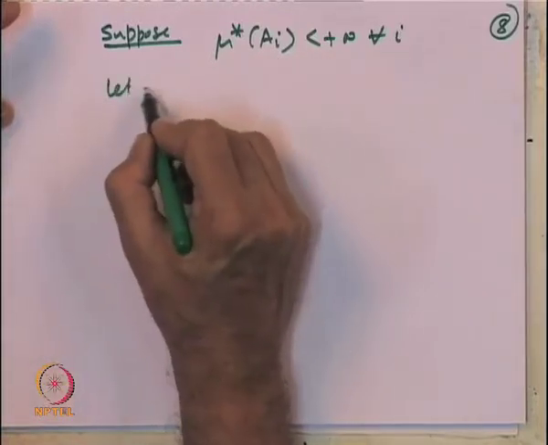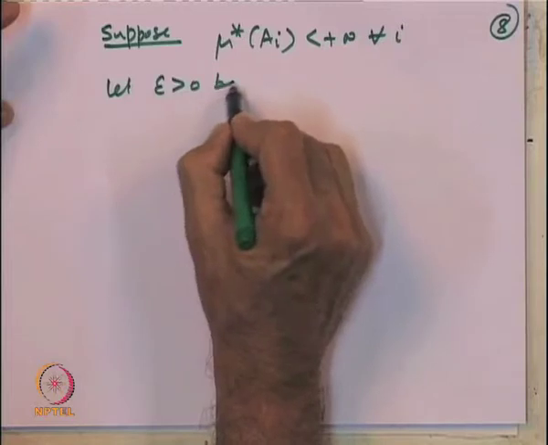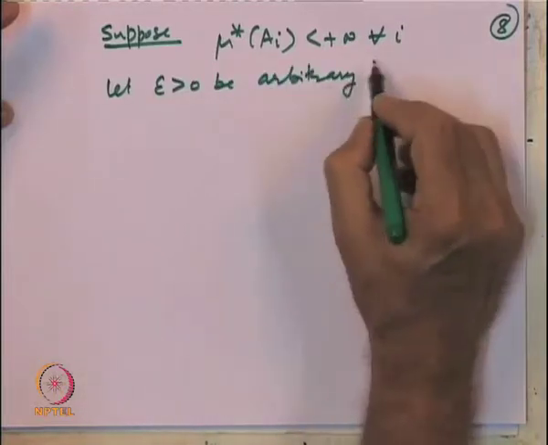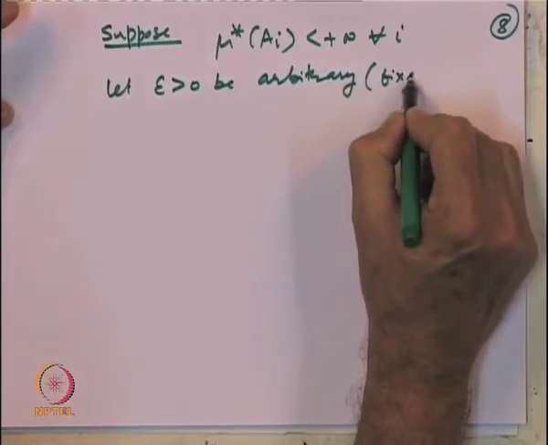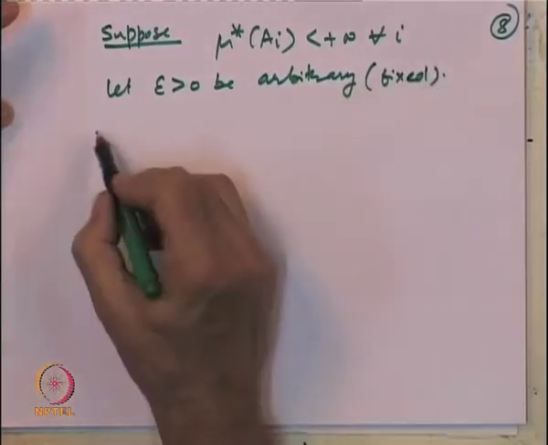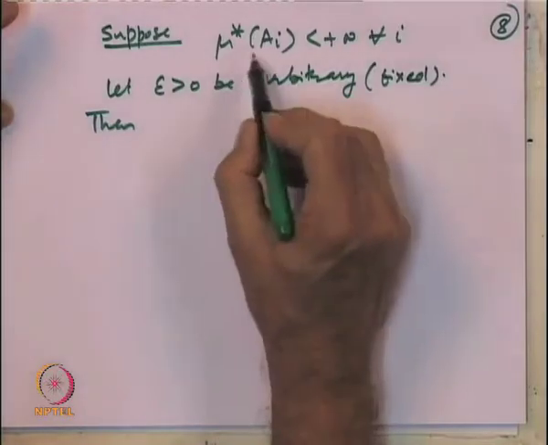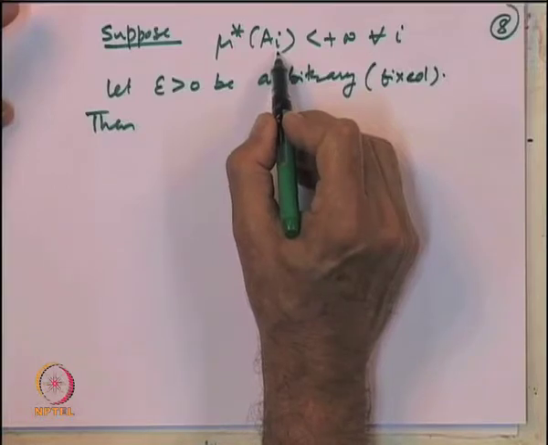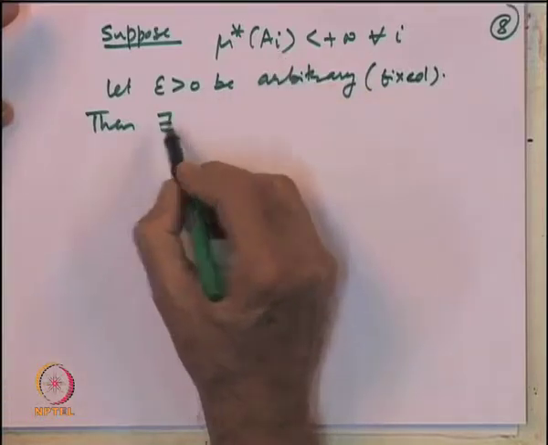So, let epsilon greater than 0 be arbitrary, of course, fixed. You choose arbitrarily and fix it. Then mu star of A_i is the infimum over all summations of approximate sizes. So, then there exists at least one covering.